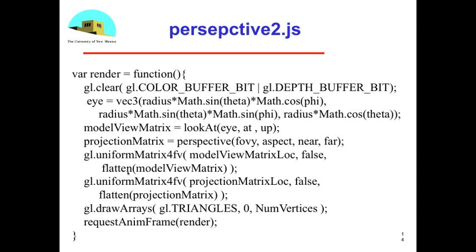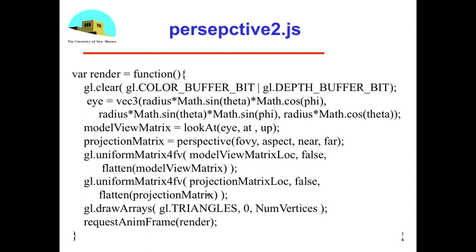And we need the flatten function to convert them into 16 floating point numbers that are used by OpenGL. So we send out the model view matrix, we send out the projection matrix, and I draw the arrays and I sit there in this render loop.